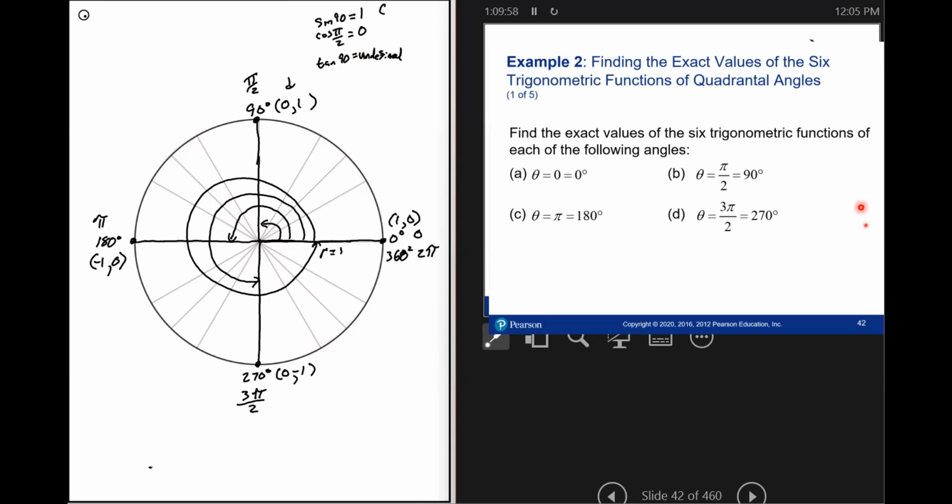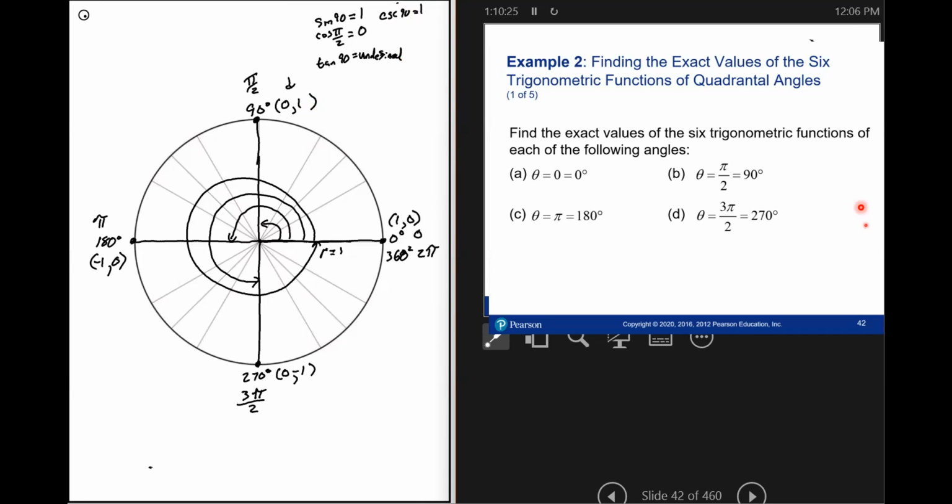Now, cosecant. The cosecant of 90, or pi over 2, is 1 over the Y value. Well, 1 over 1, what is 1 over 1?